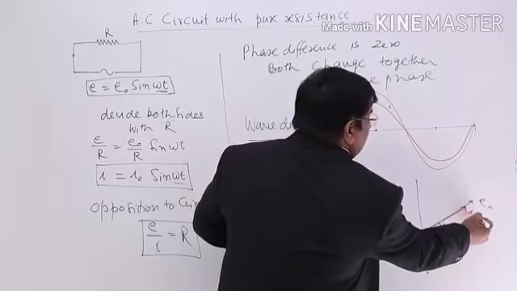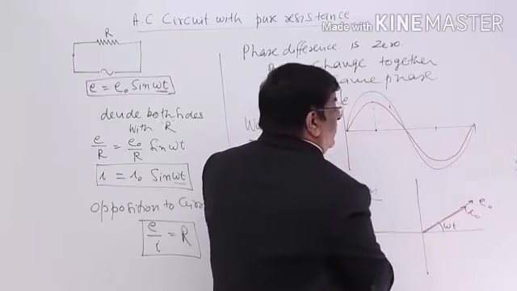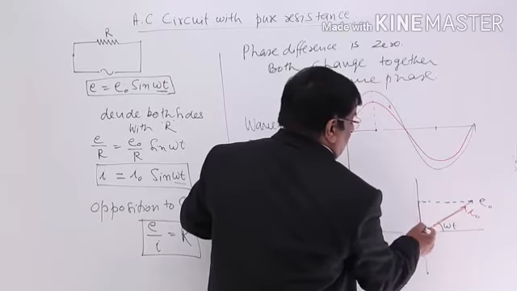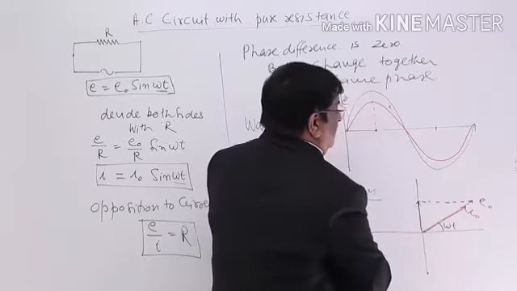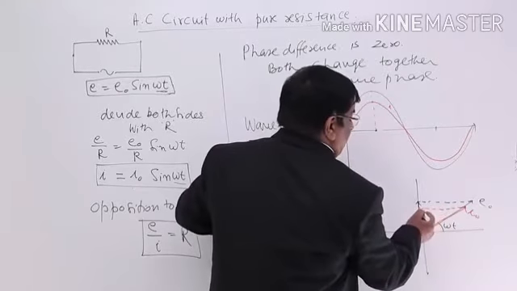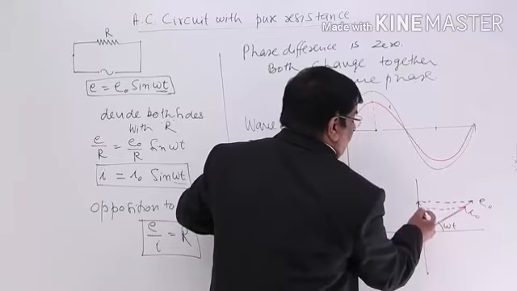This is I naught. What is the value of instantaneous E? This is the value of instantaneous E. What is the value at that time t for I? This is the value of I.